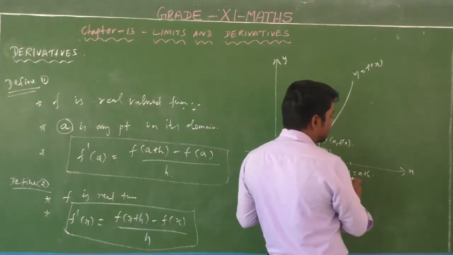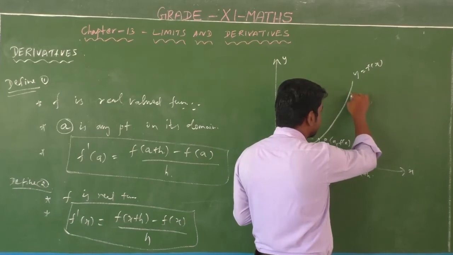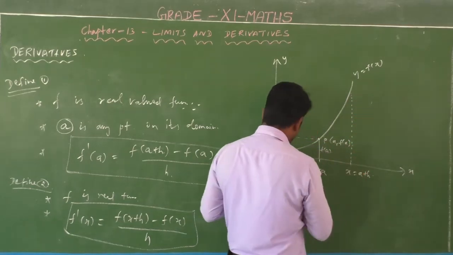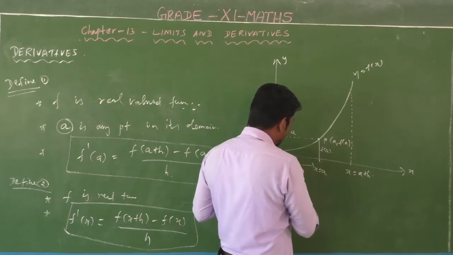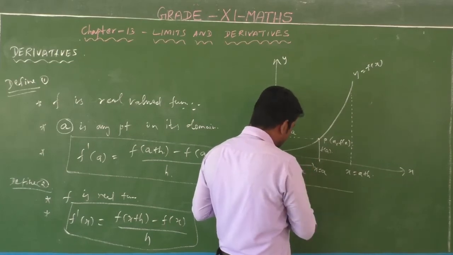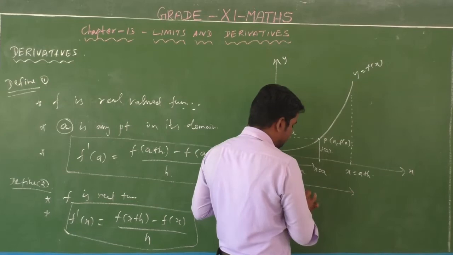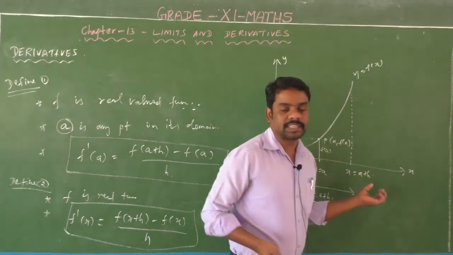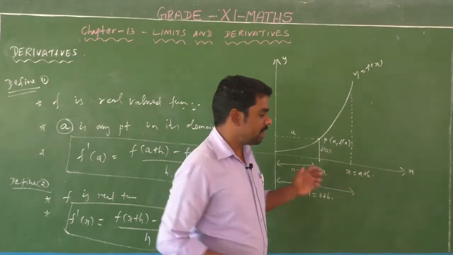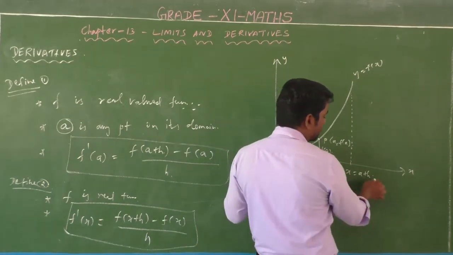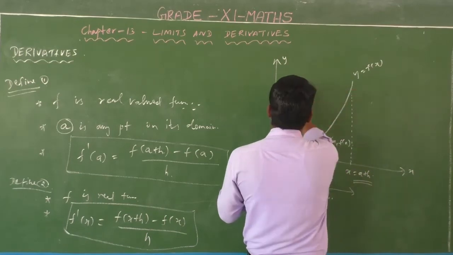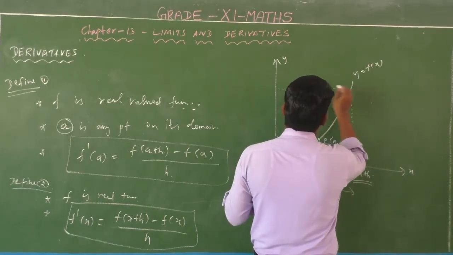And this one is x equal to a plus h. Here first x equal to a is the horizontal distance, and this one is x equal to a plus h. The value of x has a small change, so h is the measure of change. So x changes, h tends to 0. When x equals a plus h, the y value is considered as the y coordinate.